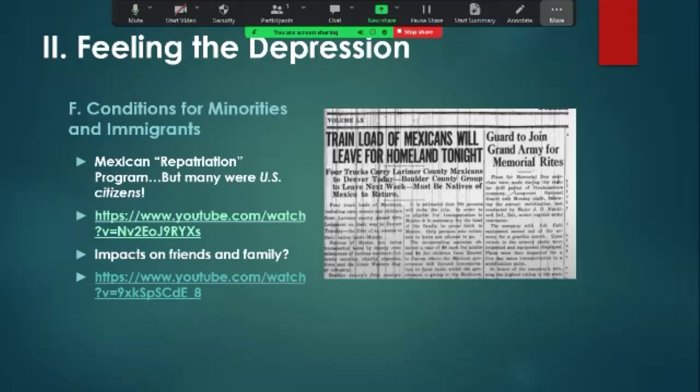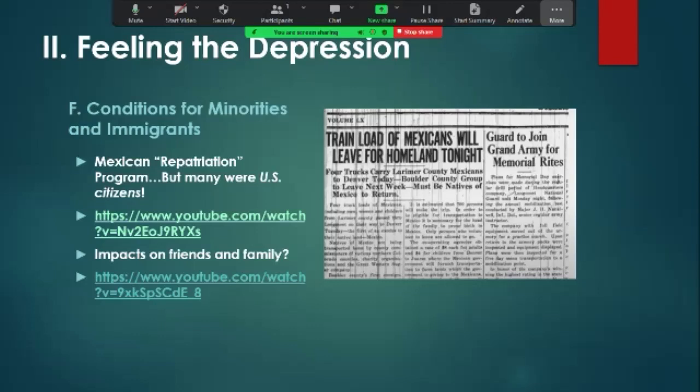But he summed up very well that this was a program in which many Mexican Americans, as well as U.S. citizens, were deported from the country to try to ease the pressures of the Great Depression, despite the fact that that's not how economics worked then, and that's not how economics work now.